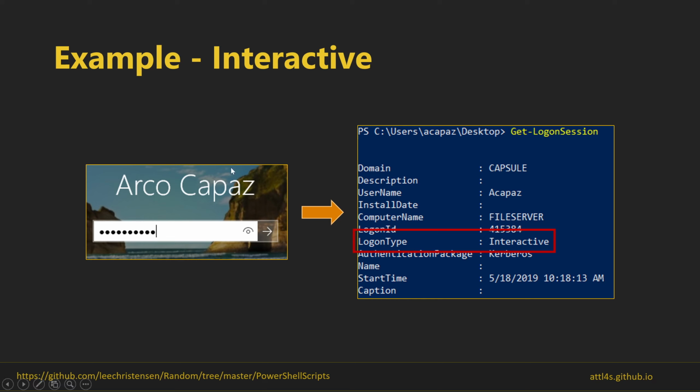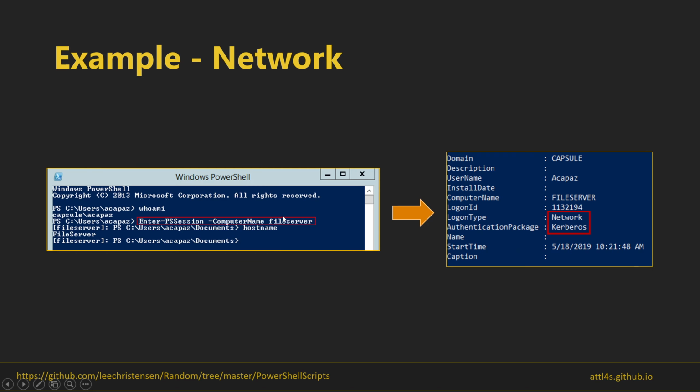So here we can see that this authentication results in an interactive Logon type authentication from the user using Kerberos. And this one, where we use PowerShell remoting to access file server, we can see in file server that a new Logon session is created with Kerberos and network Logon type.